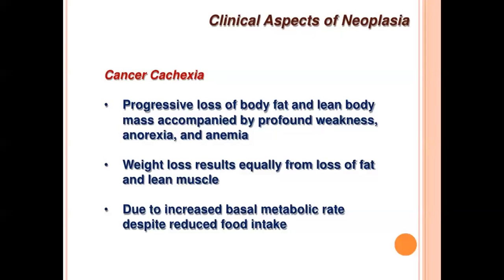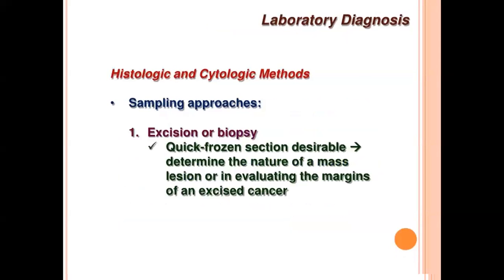There is also weight loss, resulting equally from loss of fat and lean muscle, and this occurs due to an increased basal metabolic rate despite reduced food intake. Although there is anorexia, meaning loss of appetite in cancer patients, the basal metabolic rate will also be increased, and that is why cancer cachexia occurs.